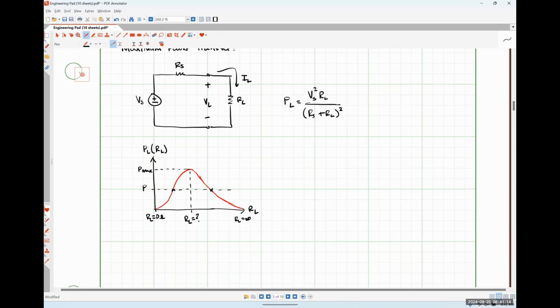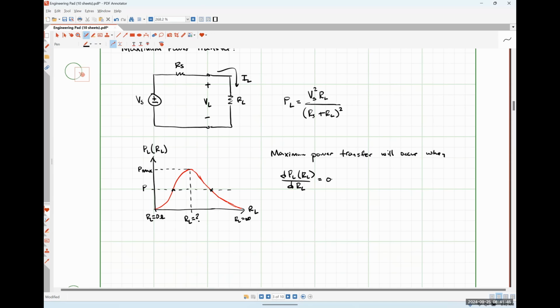So maximum power transfer will occur when the derivative of PL as a function of RL, taken with respect to RL, is equal to 0.